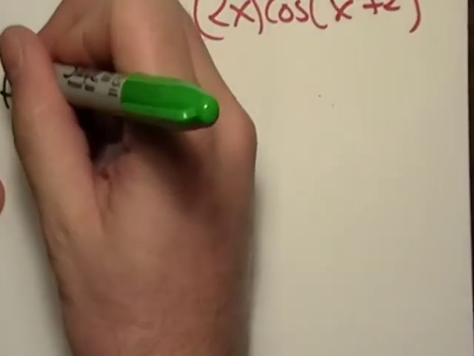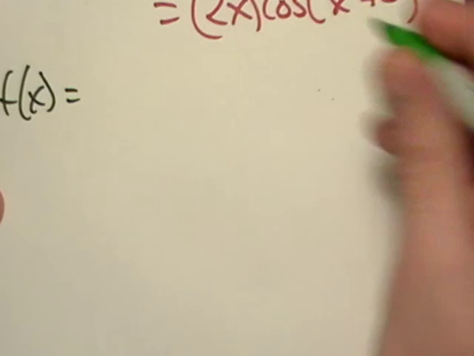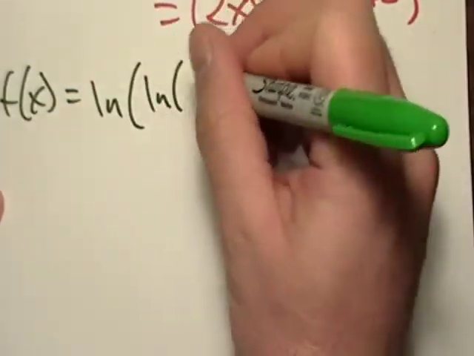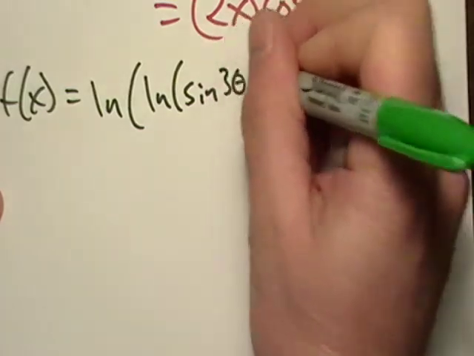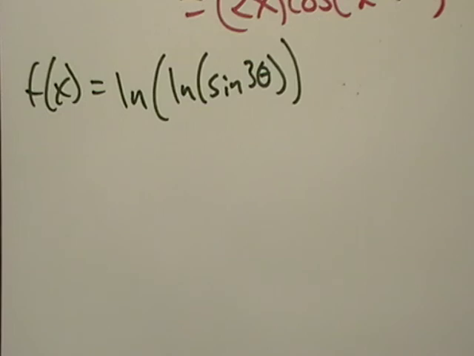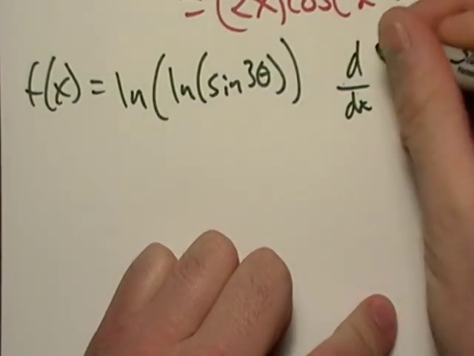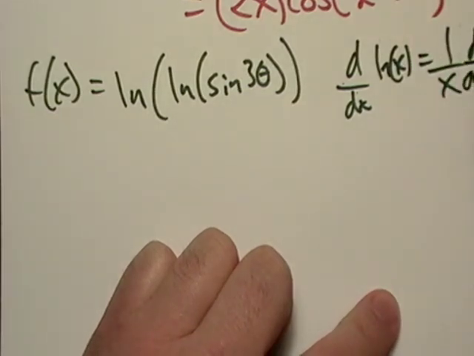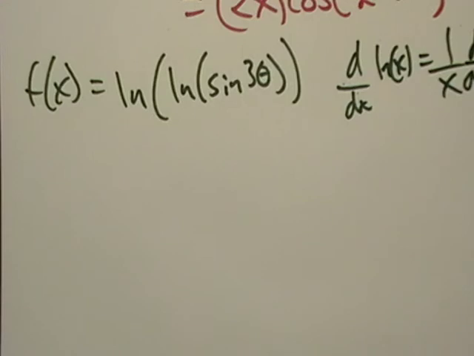So now I'm going to throw a pretty wacky one at you. I'm going to go natural log of the natural log of sine 3 theta. How's that for you? First of all, d/dx of natural log x equals 1 over x dx/dx.